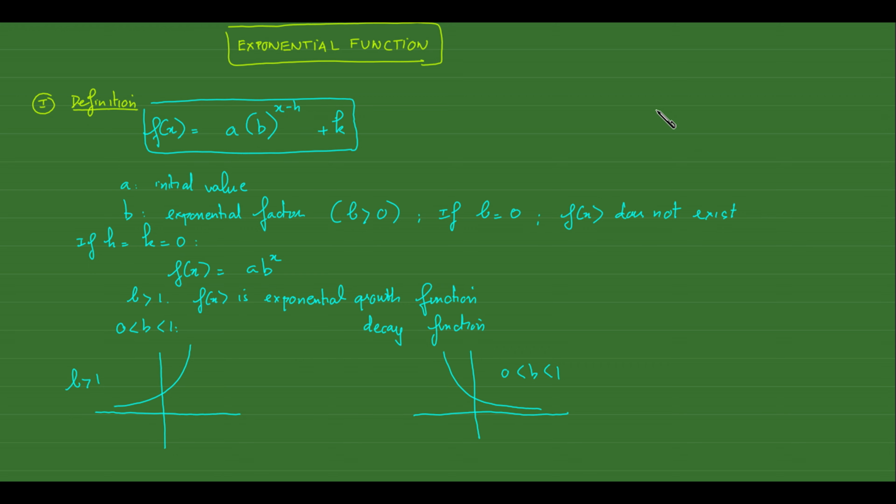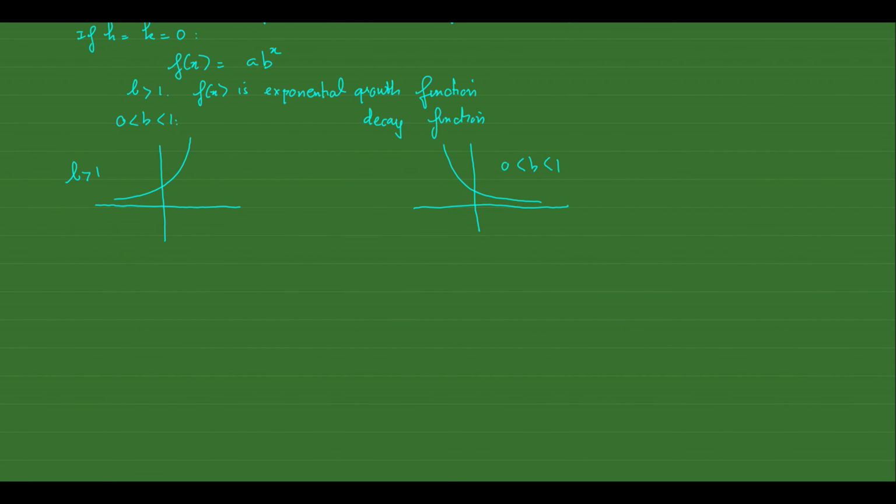So what do we see out of this graph? We see that when b is greater than 1, the function is increasing. And if it is between 0 and 1, the function is decreasing. But it's decreasing, and it never crosses the x-axis.